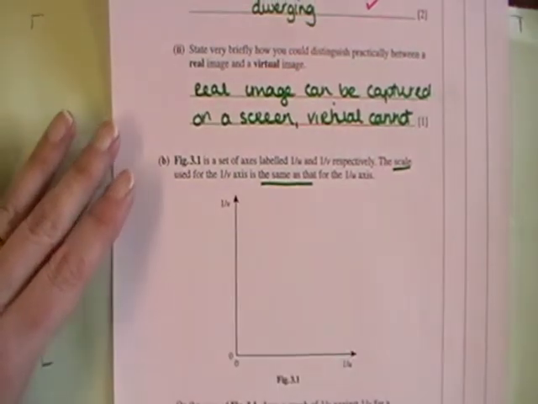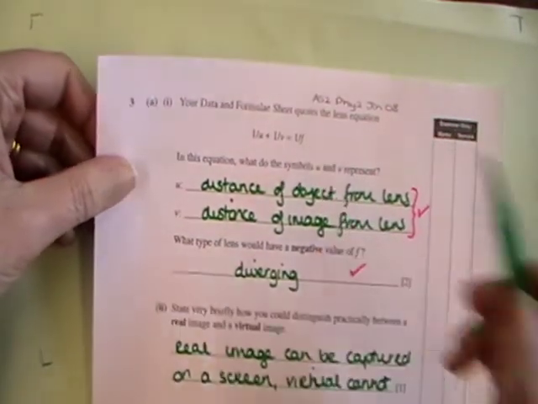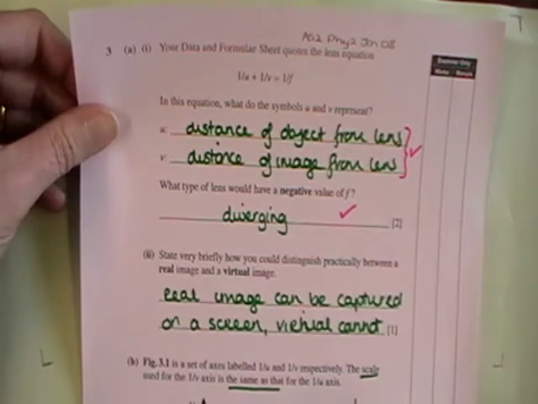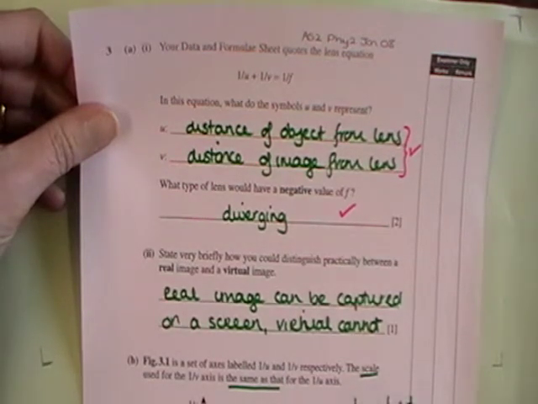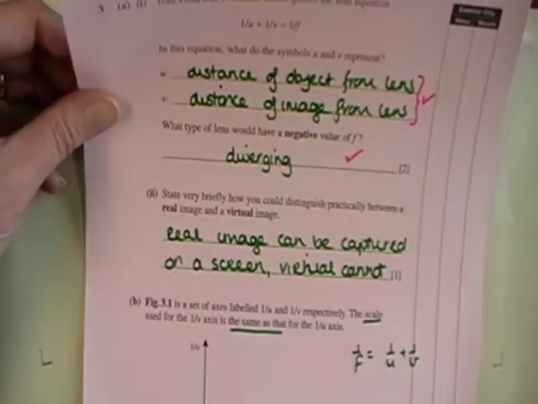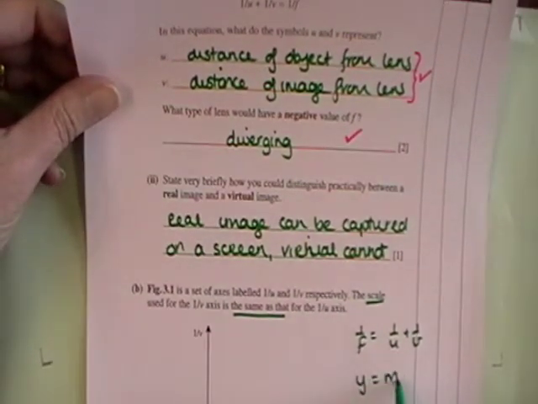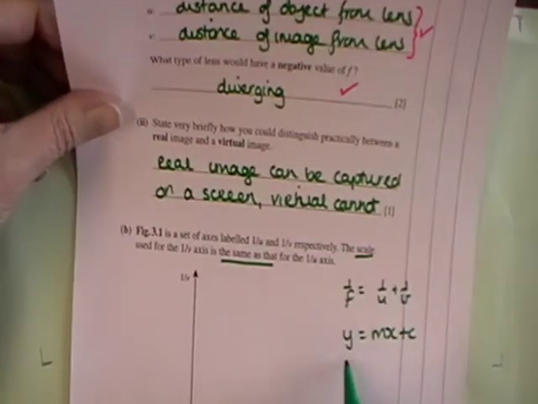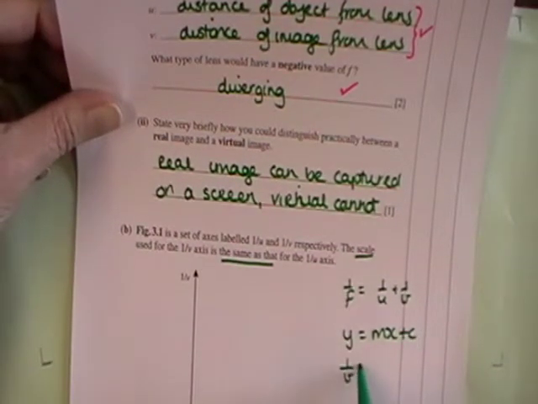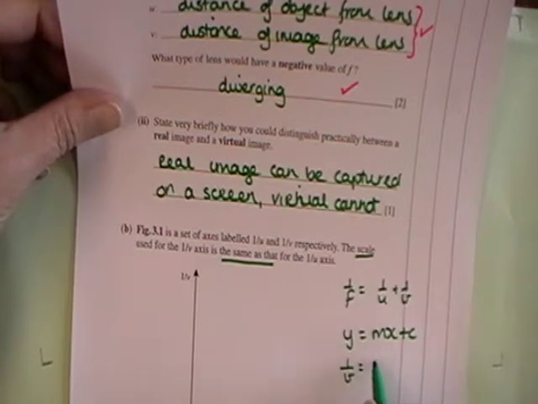Well, on the graph, firstly it tells you the scale is the same for both. And our graph is a straight line with a -1 intercept. Whenever we look at the lens law equation, if we say that 1 over f equals 1 over u plus 1 over v, if we rearrange that to have it in the form of y equals mx plus c, the y-axis is 1 over v is equal to minus 1 over u plus 1 over f.